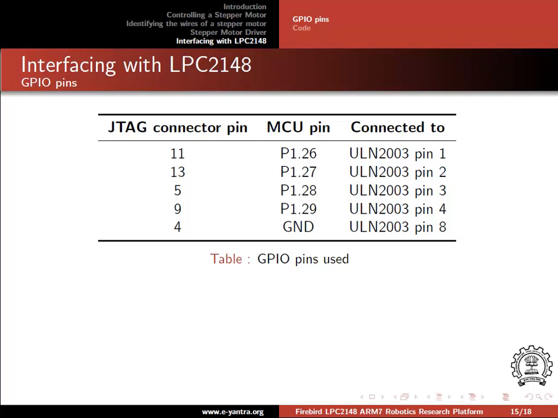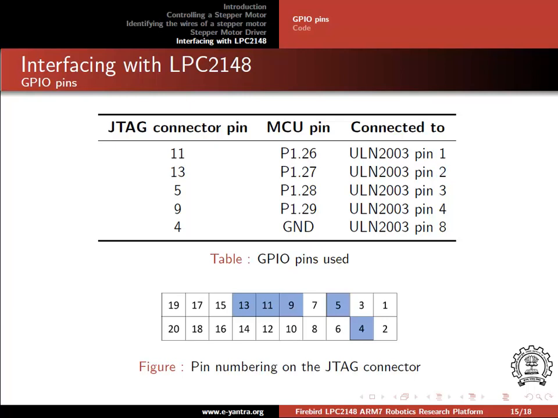Pin number 13, that is P1.27, is connected to the driver IC's pin number 2. Pin number 5, that is P1.28, is connected to pin number 3. Pin number 9, that is P1.29, is connected to pin number 4. Pin 4, that is ground, is connected to the driver IC's ground on pin number 8.